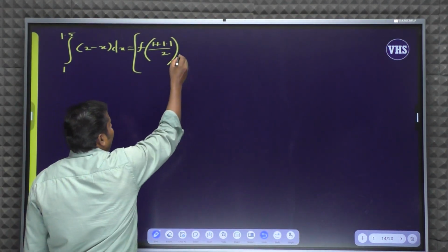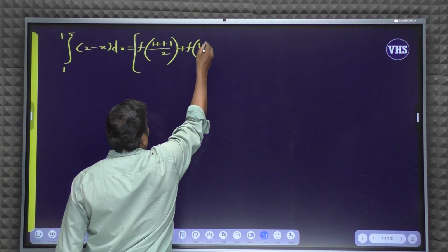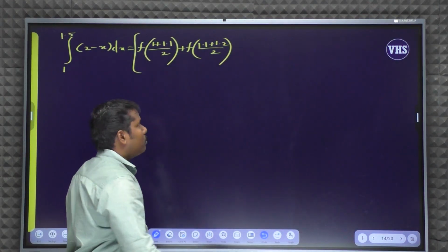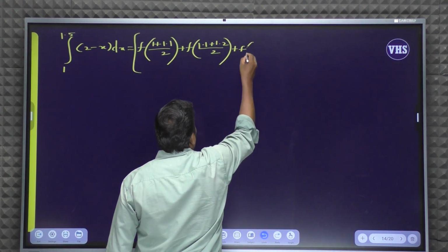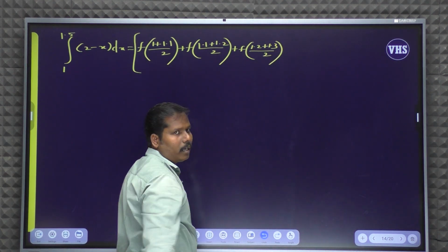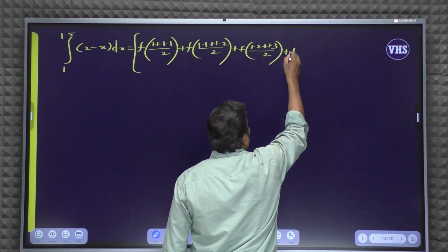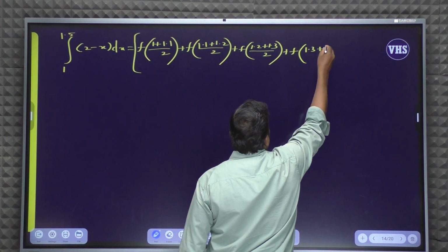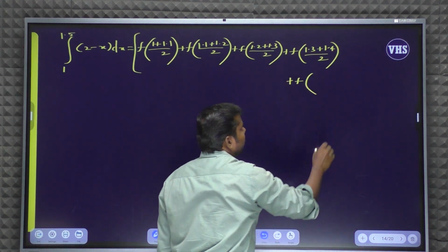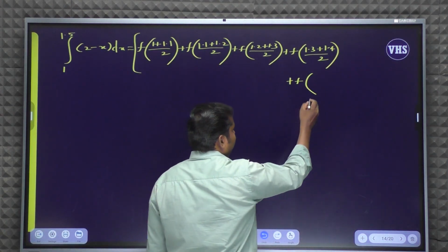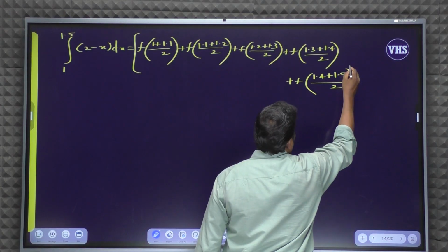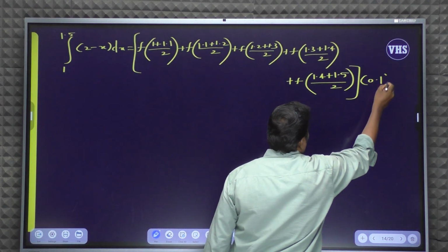Next, plus f of (1.1 plus 1.2)/2. What is the next term? Plus f of (1.2 plus 1.3)/2. And next one, f of (1.3 plus 1.4)/2. And next one, f of (1.4 plus 1.5)/2, close it, into delta x, which is 0.1.